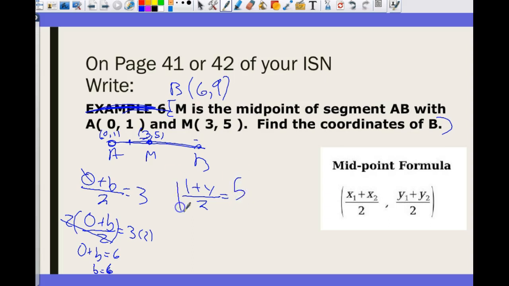Multiply both sides by 2. This cancels out. We get 1 plus y is equal to 10. Minus 1, we get y is equal to 9. Right? So that's correct. All right, we're done for today.